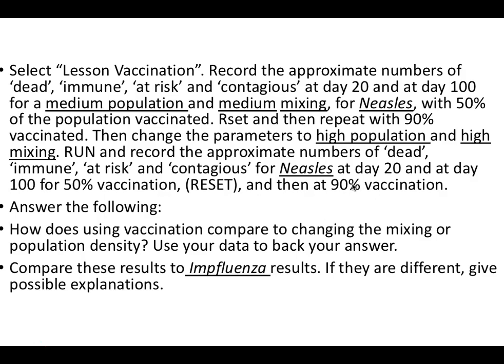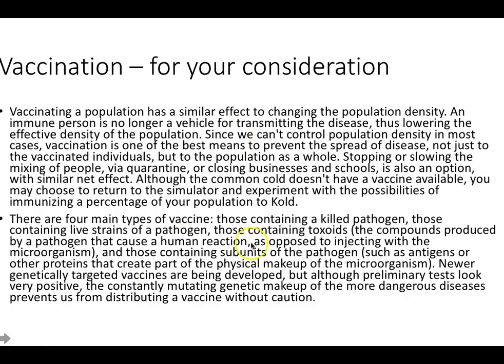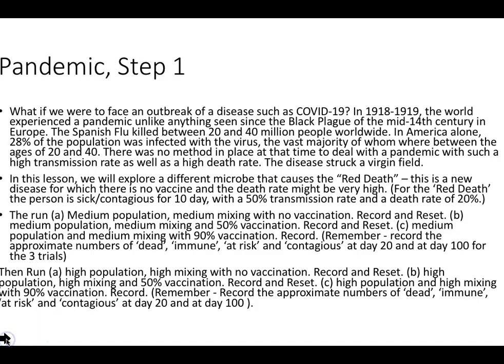As you can see, this run is different than that run. And then compare your measles and your influenza. They may be the same, but they're probably different. And why? All right, and that's for your consideration as far as vaccines go. You can read that on your own.